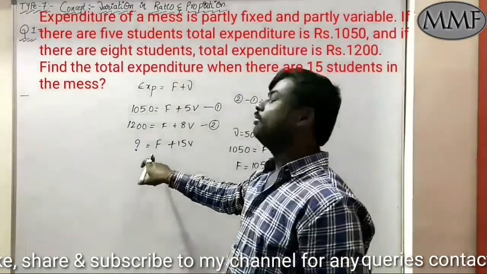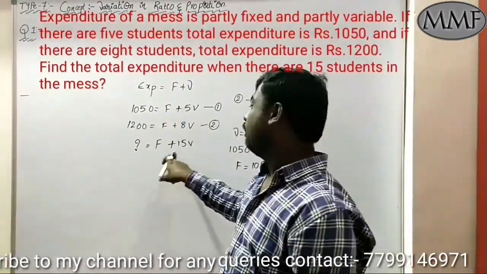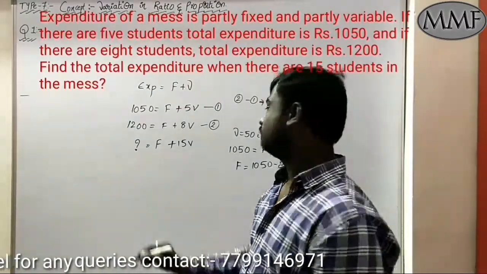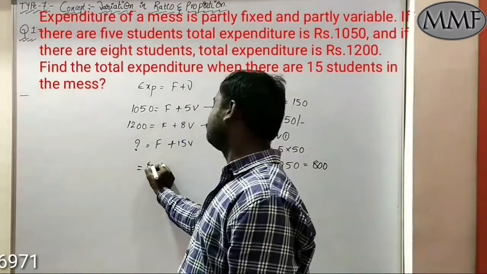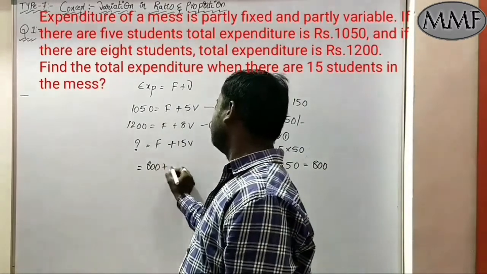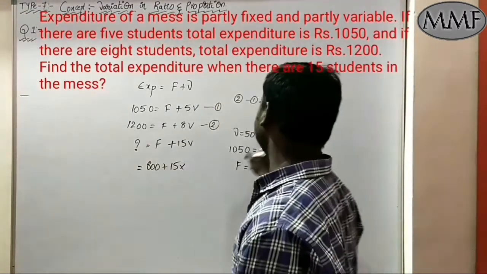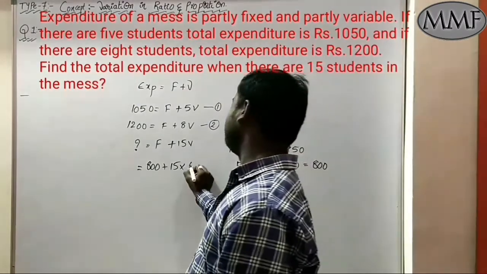My question is, what is the average expenditure when 15 students are there? Now very simple. Fixed is 800 plus 15 into the variable expenditure, which is 50 rupees.